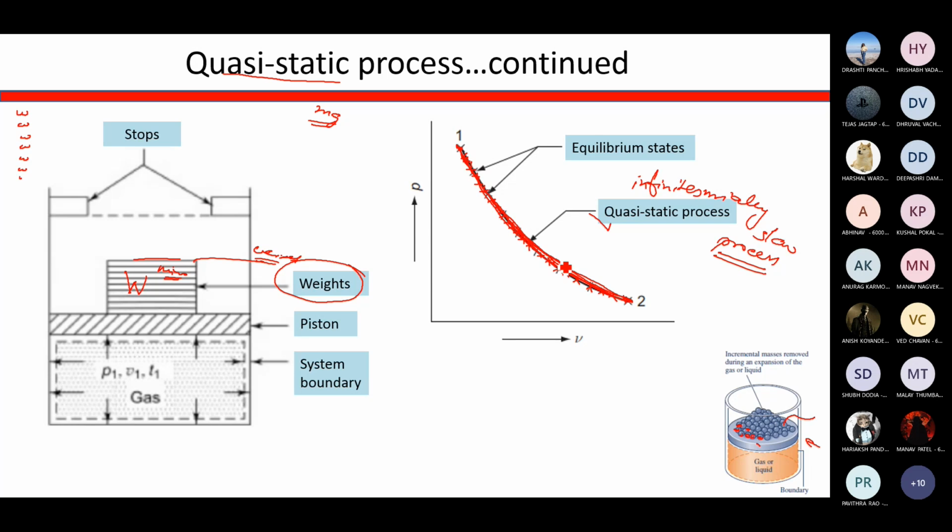So you can compare how close your operations are compared to your ideal process, which is this quasi-static process. So for comparison purposes, you must know what all these ideal processes are. Clear?